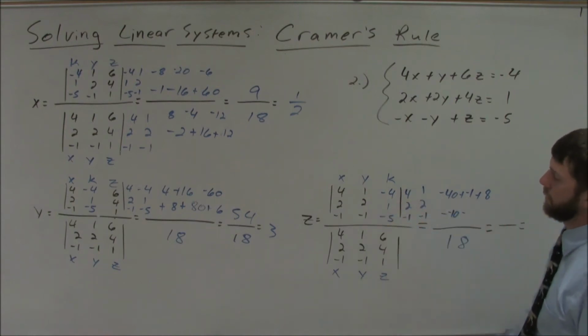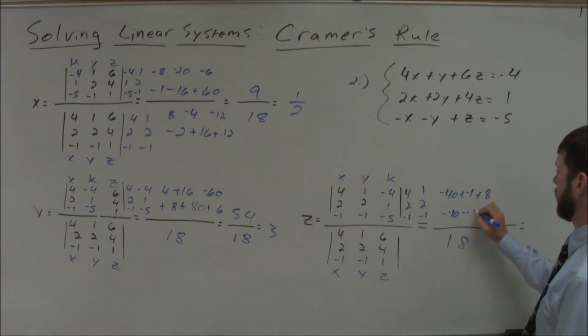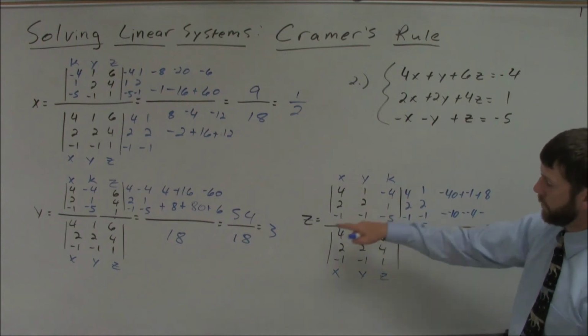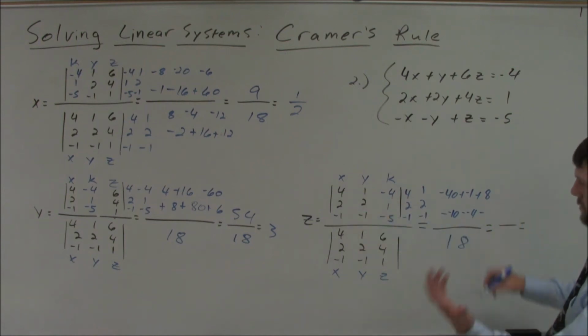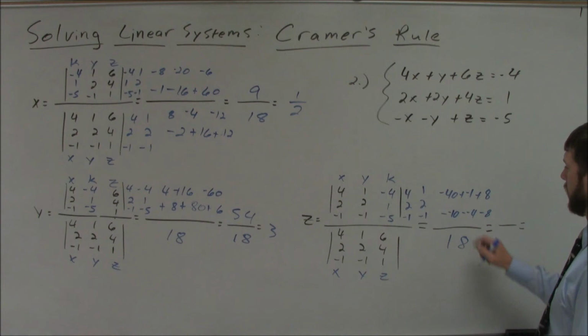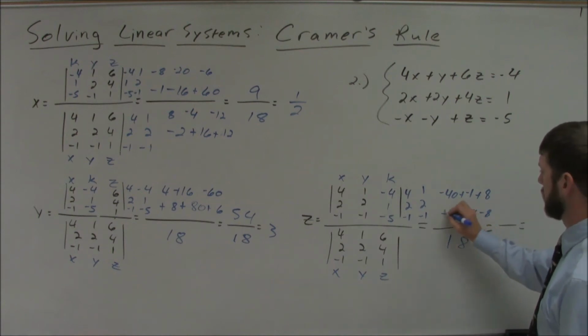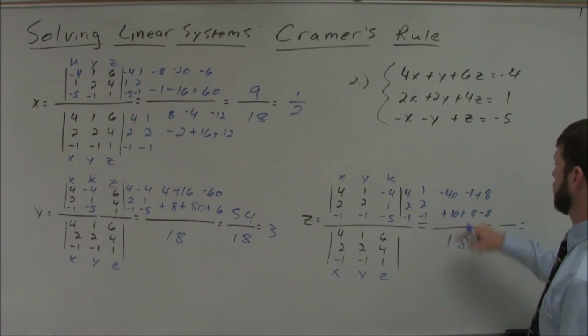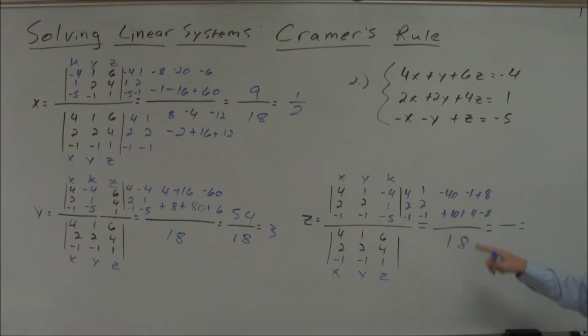Minus 4, 1, negative 1 is negative 4. Minus negative 4, 2, negative 1 is positive 8. That'll become a plus, a plus, and a minus. Negative 41, negative 49, negative 39, negative 31, and negative 27. Negative 27 over 18 gives us negative 3 halves.